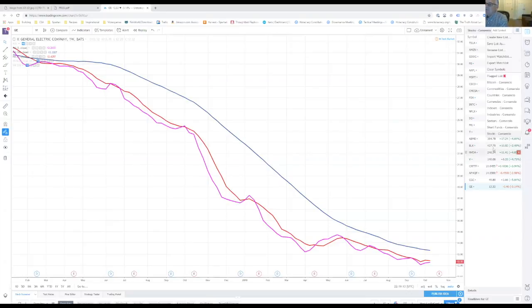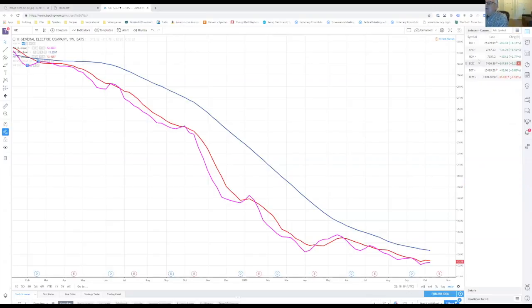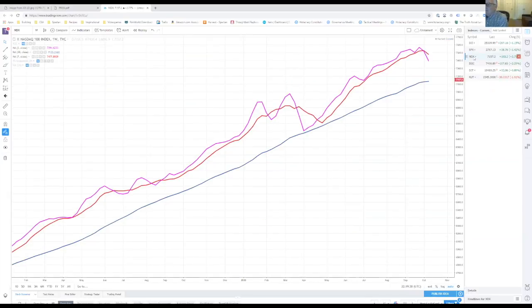Oh, here they are. It's okay, I found them. Okay, indexes. And now I'm going to do the NASDAQ 100 back then, which is made up of different stocks.